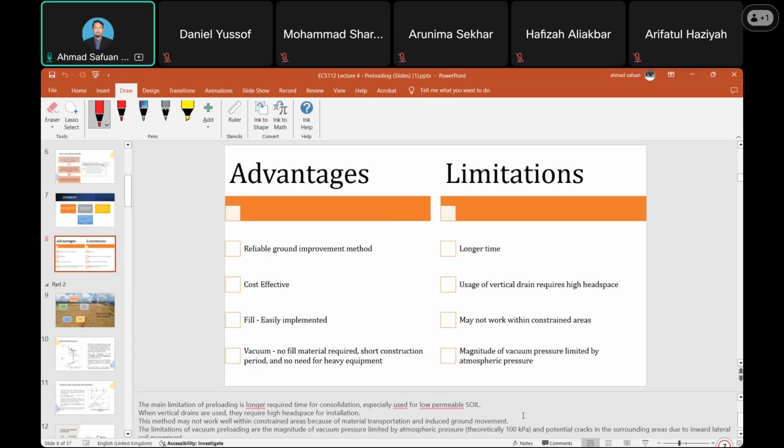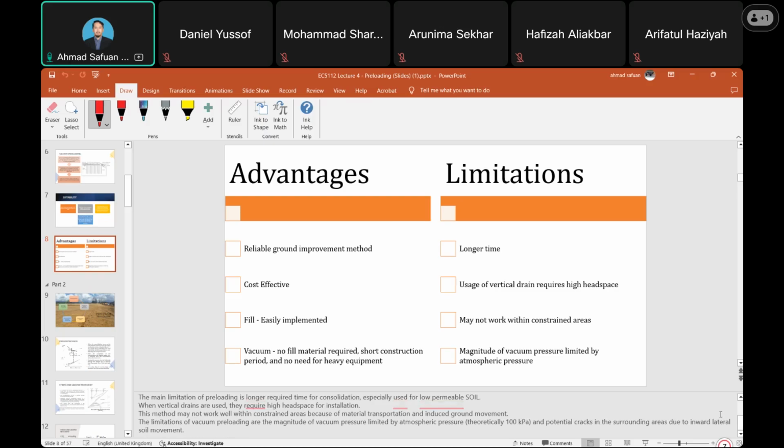So the limitations of vacuum preloading are that the magnitude of the vacuum pressure is limited by atmospheric pressure, theoretically 100 kPa, and there is potential for cracks in the surrounding area due to inward lateral soil movements.